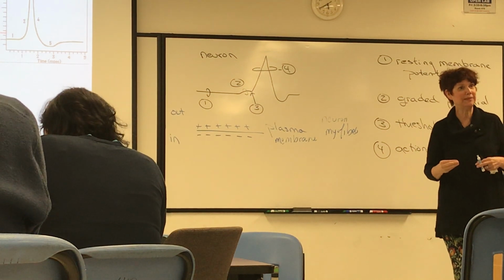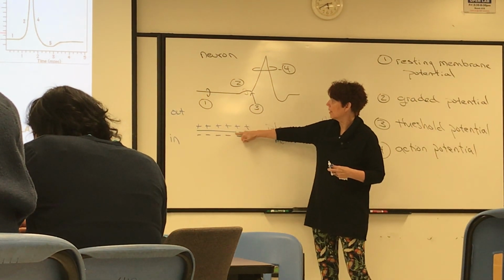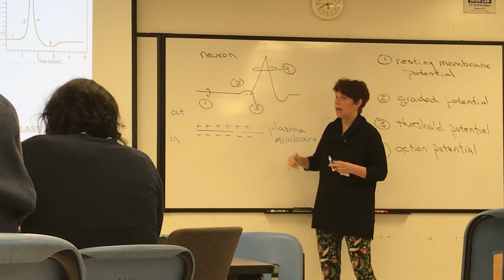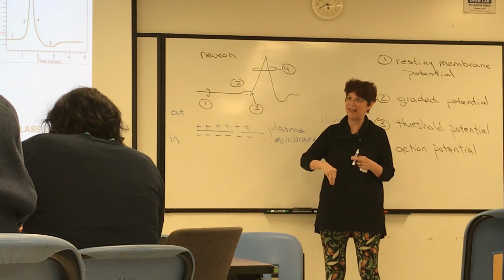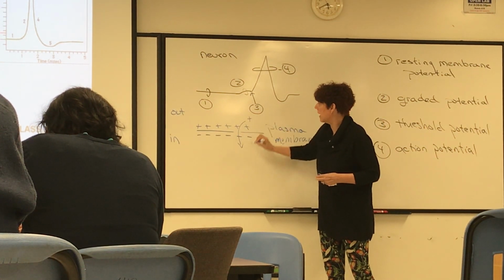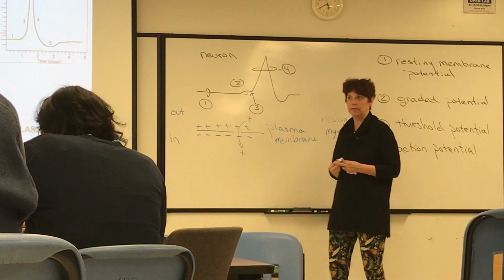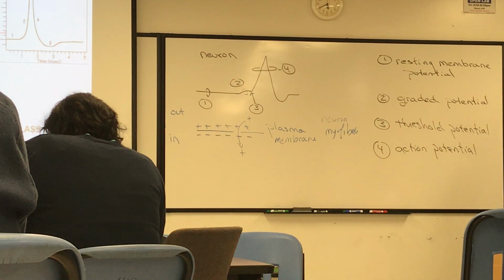So if we open up channels, which way are the positive charges going to move? We have more positive charges outside than inside. The positive charges are going to move from outside the cell to inside the cell. That flow of charged particles creates an electrical current.